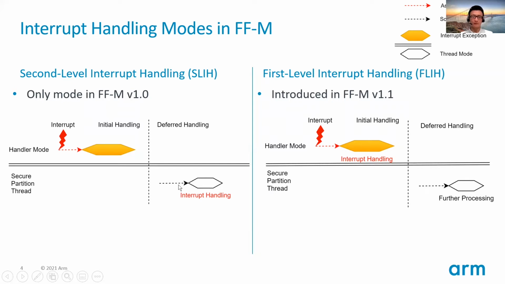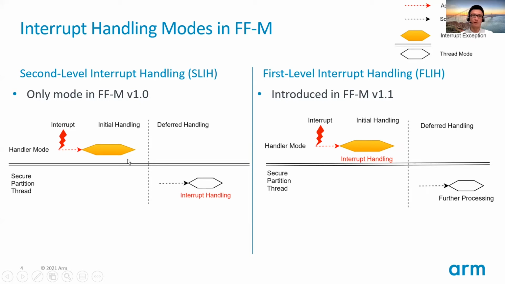This model is very easy and simple to use securely, because the handling is carried out in the secure partition thread, so there are no race conditions or concurrencies to take care of. But the handling is subject to scheduling, so the interrupt handling delay cannot be promised in some cases.